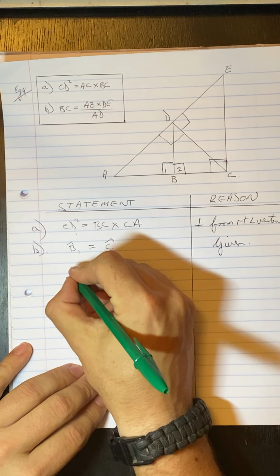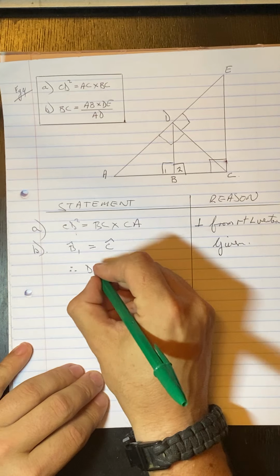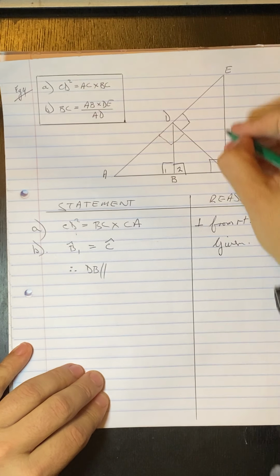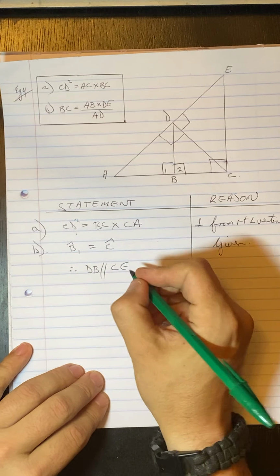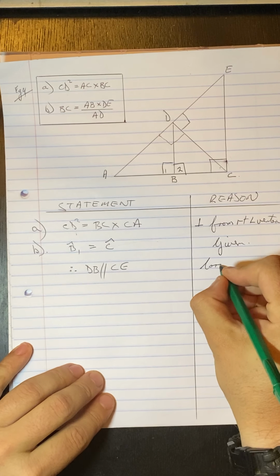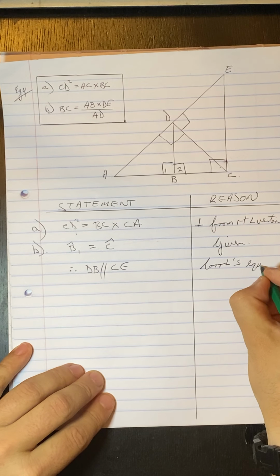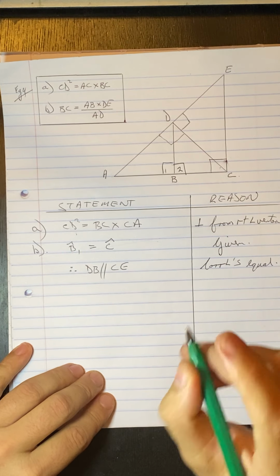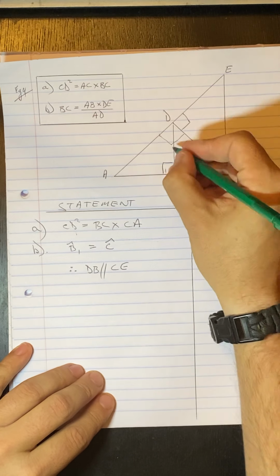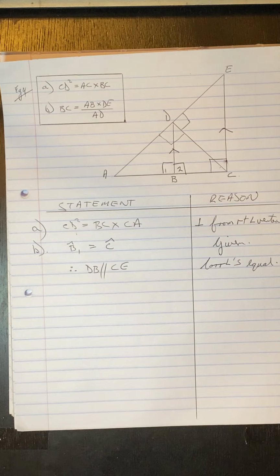That means, therefore, that this DB line is parallel to this CE line. And my reason for that is I can use corresponding angles equal. Okay, now that means because this is parallel to this, maybe let me just highlight it for you so you can see.